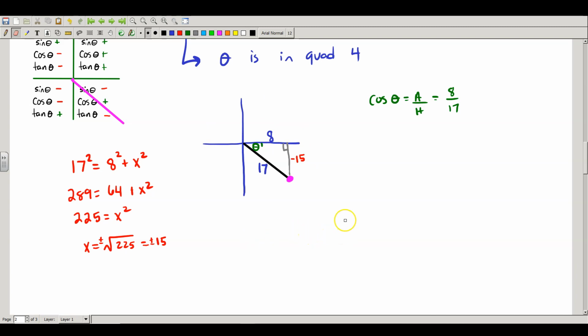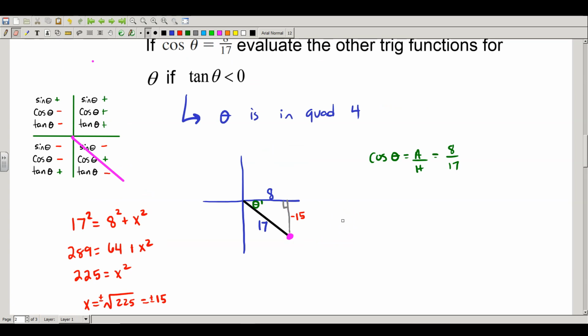So once that's set up, then we can evaluate all the other trig functions. So let's go ahead and do that. What would the sine of theta be? Well, the sine would be opposite, negative 15 over 17. The sine has to be negative. Cosine we already have. The cosine is a positive 8/17.